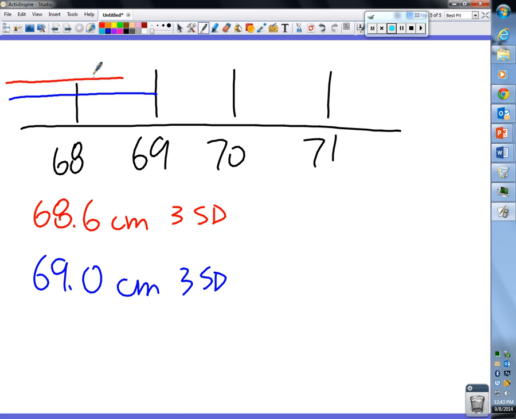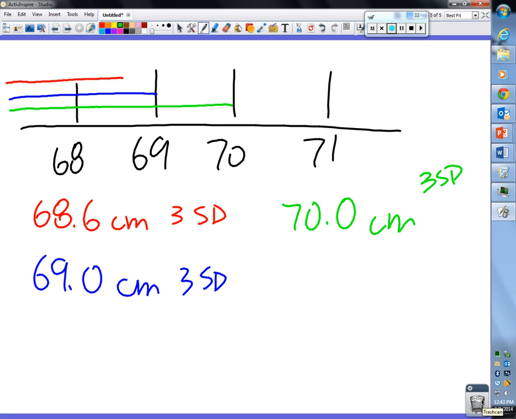Alright, next. Ooh, that's a pretty color. Steve, go ahead. 70.0 centimeters. Right? Steve, how many certain digits in that answer? 2. How many uncertain? 1. Total of 3 significant digits.